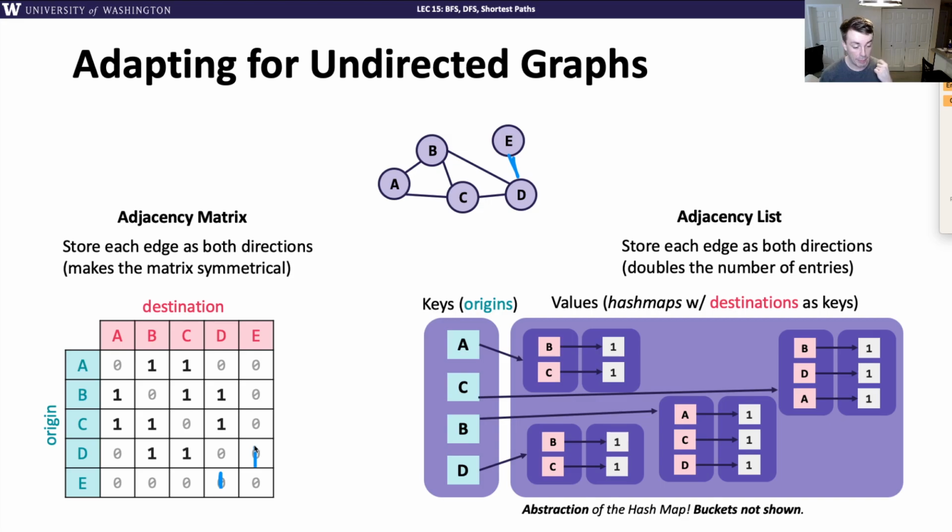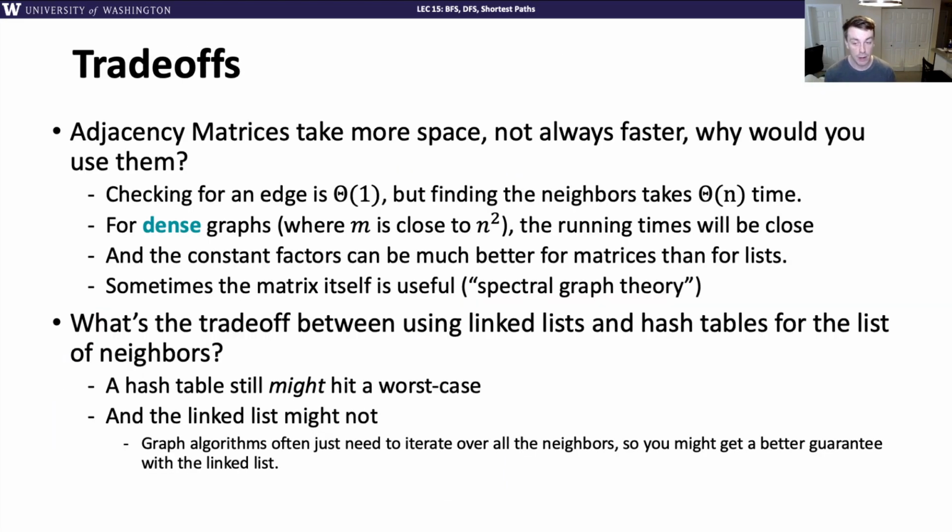So you usually have to remember to update both. Similarly, in the adjacency list case, you'd have to add E being mapped to D and D being mapped to E. So you usually have to update twice. You just double the amount of information you're storing, but it makes it simplest for most of your implementations. So these representations work great for undirected graphs as well.